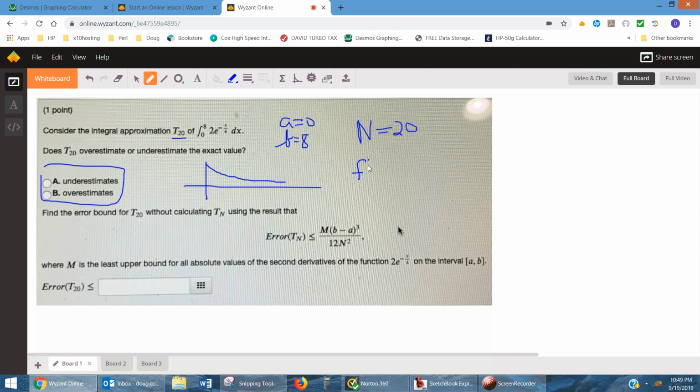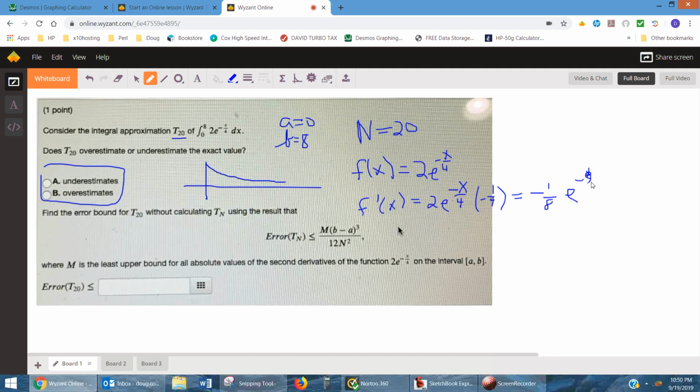Well, if you let f of x equal 2 to the 2 times e to the minus x over 4, f prime is going to equal 2e to the minus x over 4 times negative 1/4, invoking the chain rule, which is equal to negative 1/8 e to the minus x over 4.